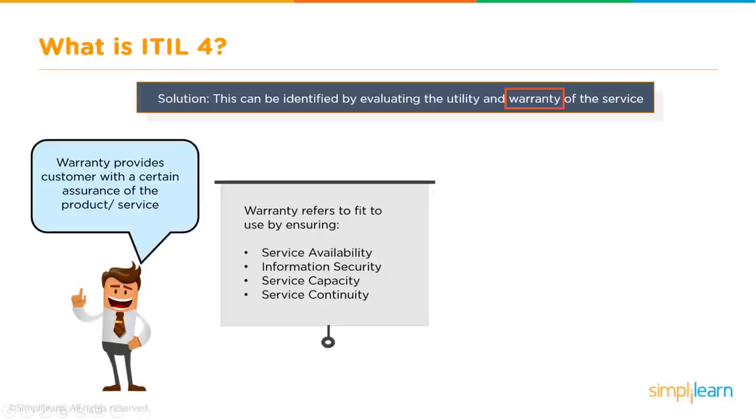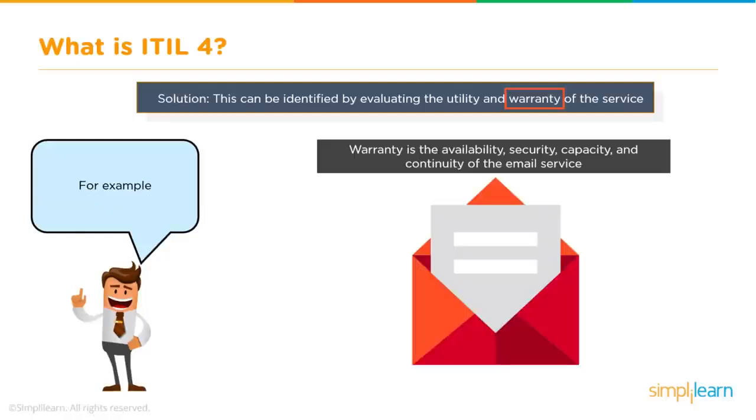These four have to ensure that the specific service provided has solutions which will safeguard these requirements and the service will become fit for use. If I take the similar example of the email services we discussed just now.